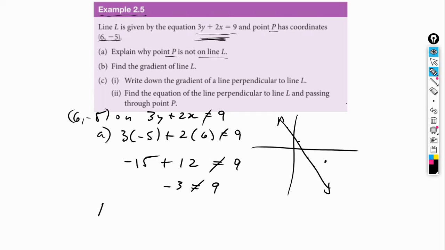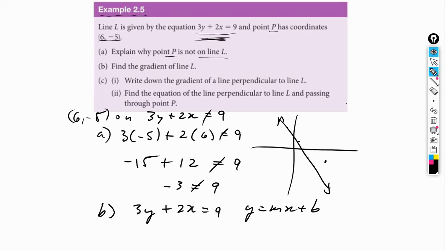For part B, they say find the gradient of line L. Now, to find the gradient, we need to rearrange the equation into the gradient intercept form, which is y equals mx plus b or plus c. So we have to rearrange it. Notice that it's 3y plus 2x is equal to 9.